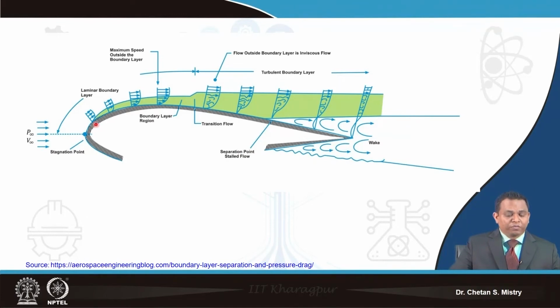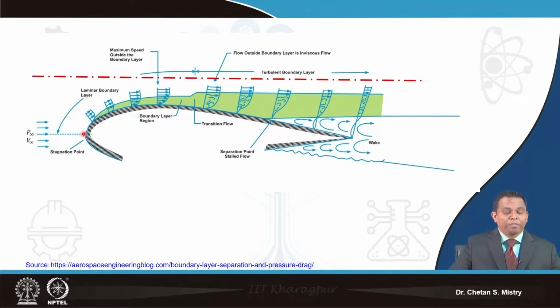This is one of the good figures available online. You can see this is my suction surface, and on the downside I have my pressure surface. Now my flow will be incident here, and this point we call the stagnation point.